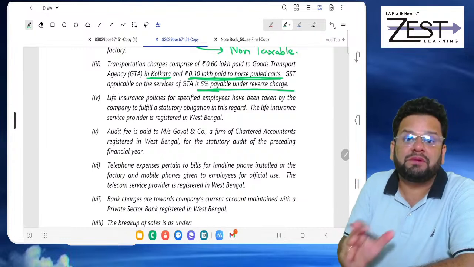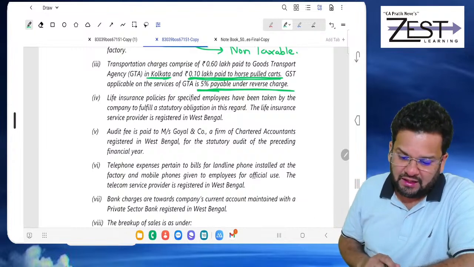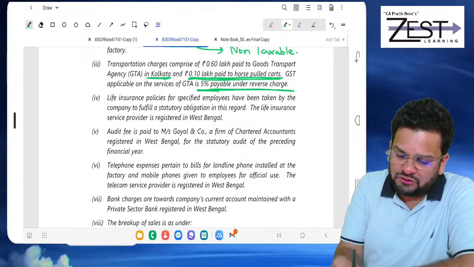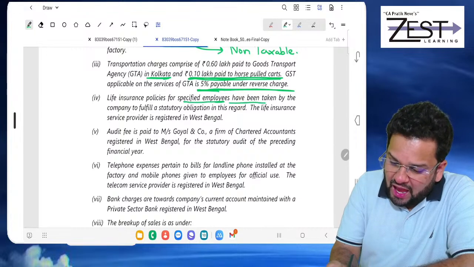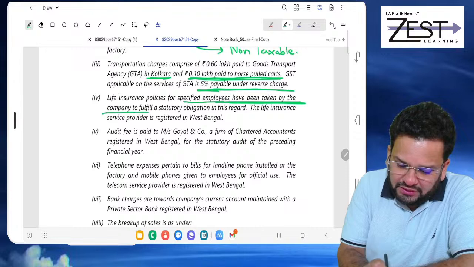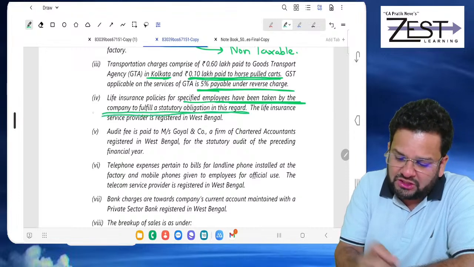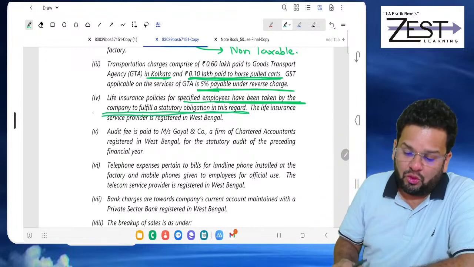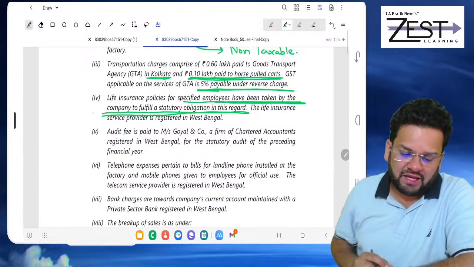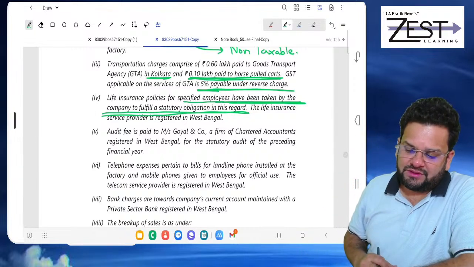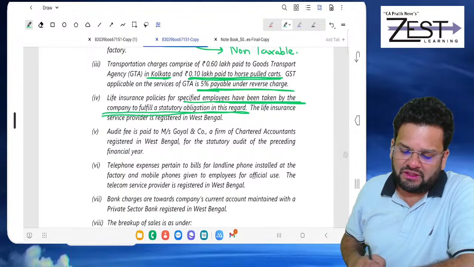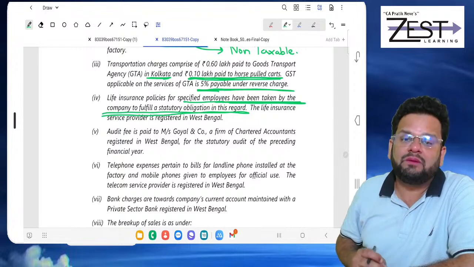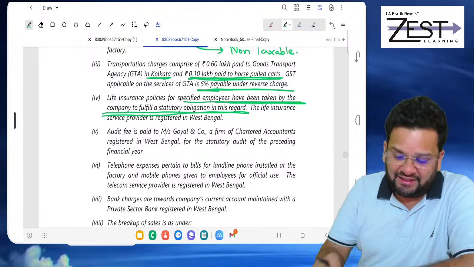By the way, GTA was paid in Kolkata itself. So CGST plus SGST. Life insurance policies for specified employees have been taken by company to fulfill statutory obligation in this regard. Oh ho ho! For the first time, it is under statutory obligation. So you will be eligible to claim ITC.